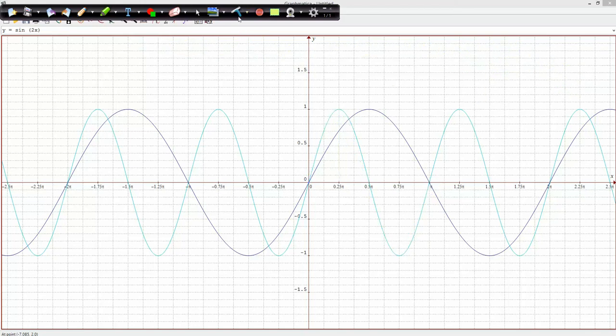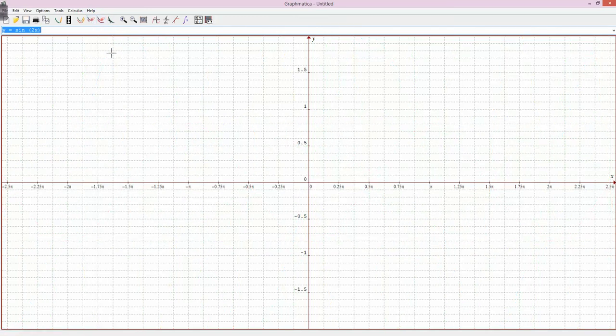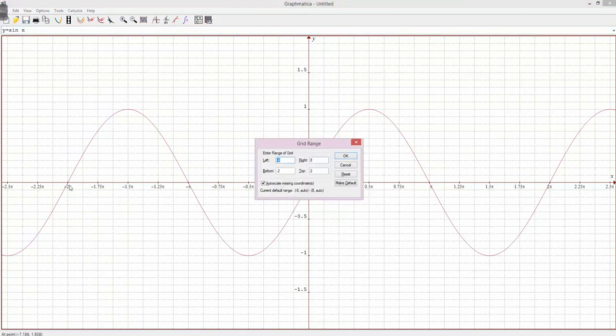So let's clear all that. Let's go back to here. Let's clear all this stuff. Oops, I just put everything on. Hide screen, that's much better. So y equals sine x, and what I want to do now is extend out the x-axis, so I'm going to go negative 8 pi and positive 8 pi, and we'll keep the y-axis the same as what it was.